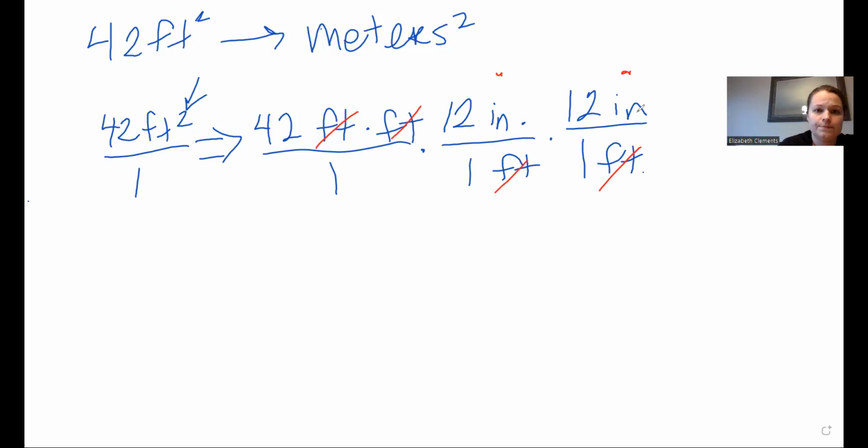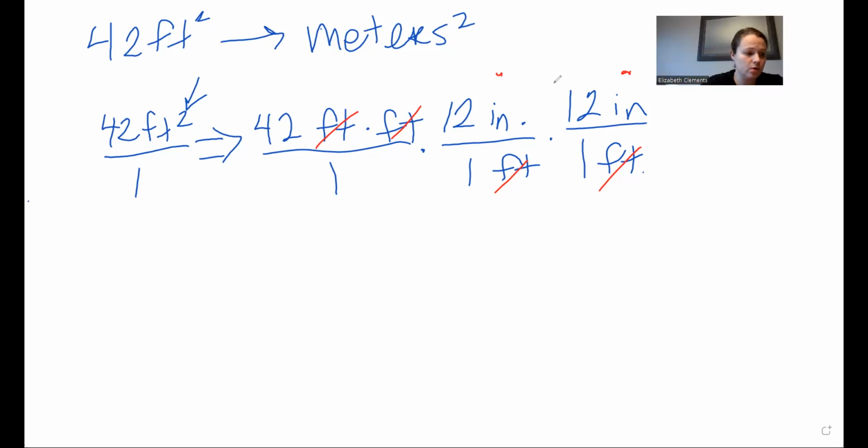Now, again, I want to get to meters. So I need my inches to go away. We're going to go from inches to centimeters, and then centimeters to meters, and then we're good to go. I know from the conversion chart there are 2.54 centimeters for 1 inch.